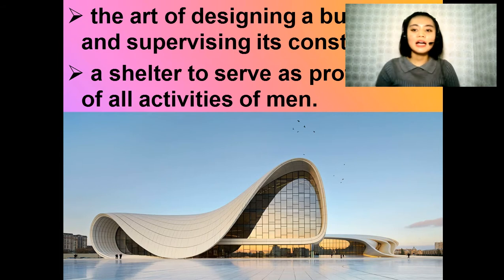So, yung mga engineers yung nagsasabi kung pwede ba talaga tong gawin. Would it be sturdy or maganda lang siya but after a few years magko-collapse na yung building. So, kaya mahalaga din na architects and engineers are working hand in hand. Okay? So, ayun.